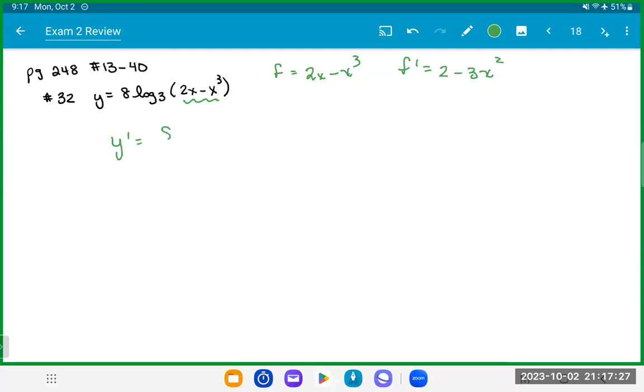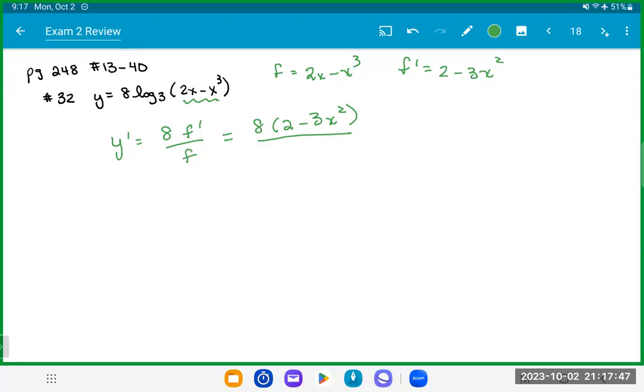So this is really just 8 f prime over f, which is 8 times my f prime, which is 2 minus 3x squared, over f.